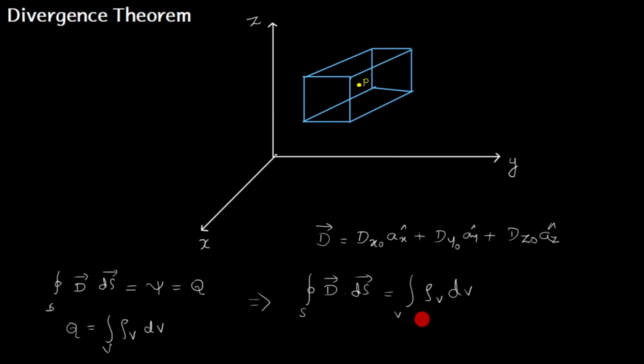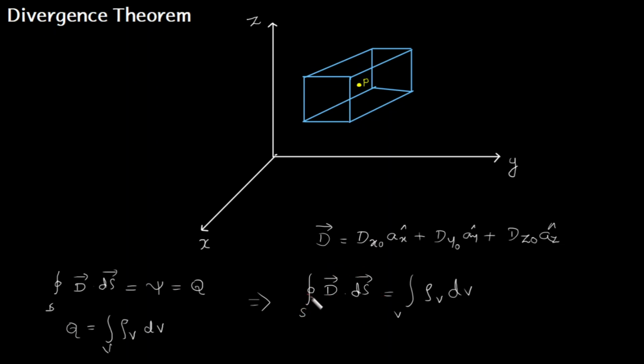What I know is that this is Q, this is Q, but on the left-hand side, what is this? This is the total flux coming out of it, or the total flux diverging through the surfaces of that closed cuboid. So my area of interest is in evaluating what is the total D vector. So I need to evaluate this LHS now.